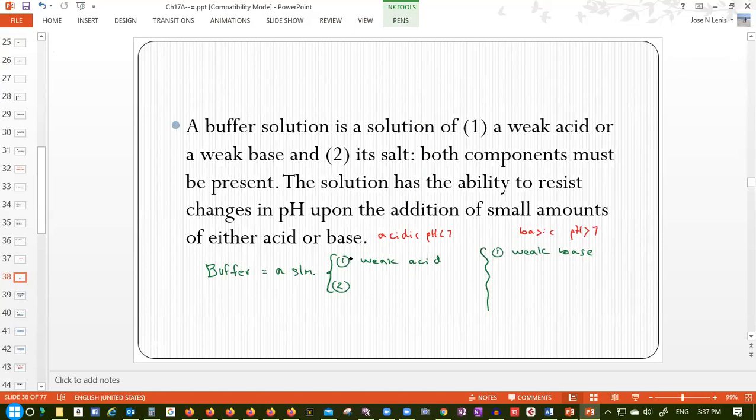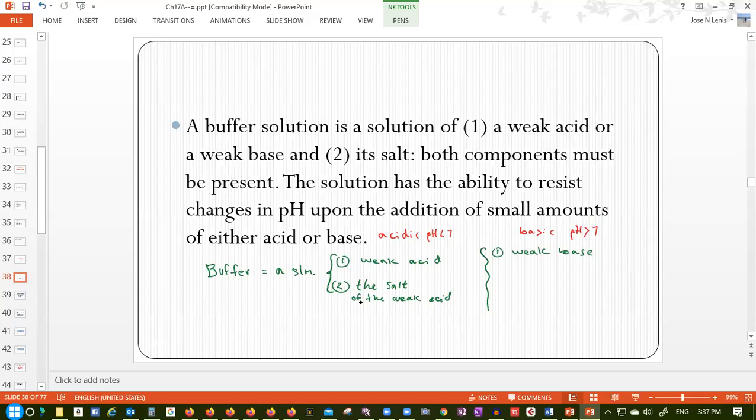So again, a buffer is a solution that contains a weak acid, and also contains the salt of that weak acid. Not any salt. It has to be the salt of that weak acid.